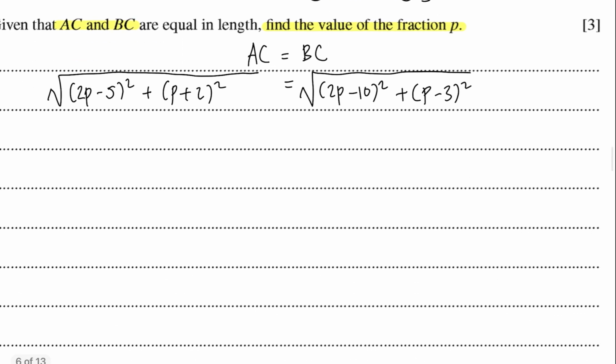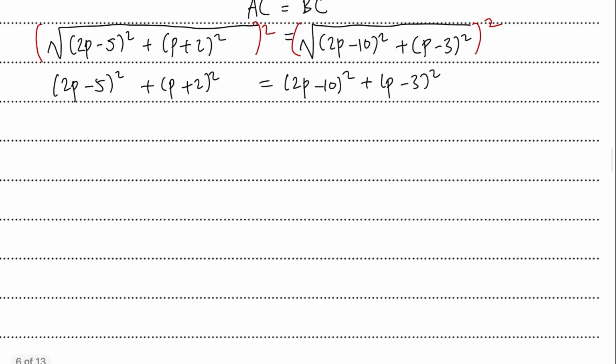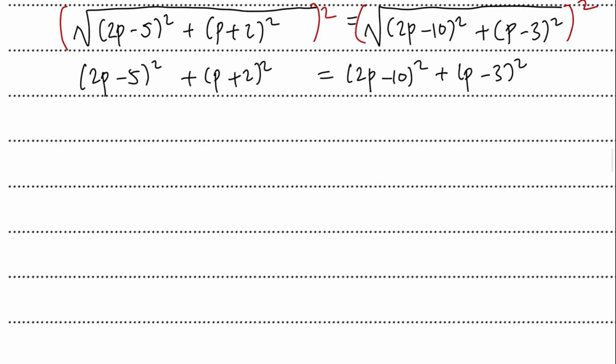Okay, now, because both sides have a square root, we can square both sides to eliminate the square root, guys. So we will get 2p minus 5 squared plus p plus 2 squared equals 2p minus 10 squared plus p minus 3 squared. After this, just boring algebra, but let's do it.